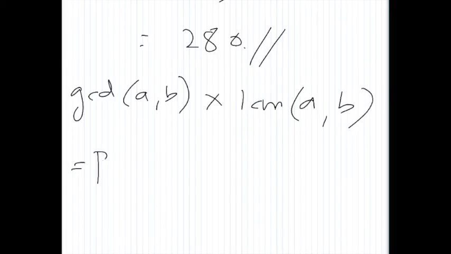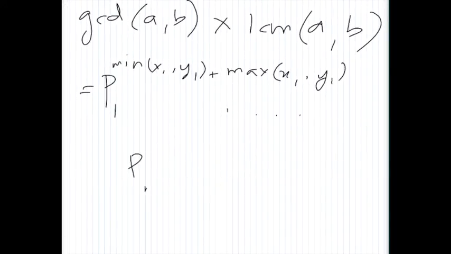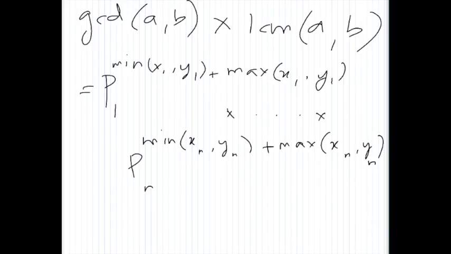This is equal to p1^(min(x1,y1)+max(x1,y1)) and then take the product up to, I'm skipping p2 now, it's obvious, multiplied by p2 to the power of min(x2,y2) plus max(x2,y2) and so on, up to min(xn,yn) plus max(xn,yn). So where did we start from?